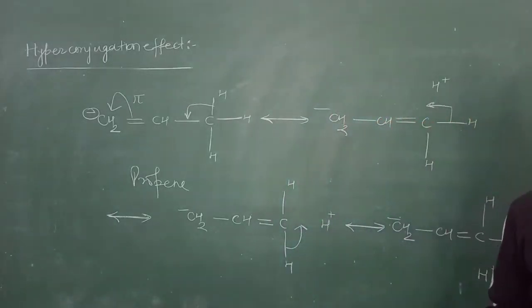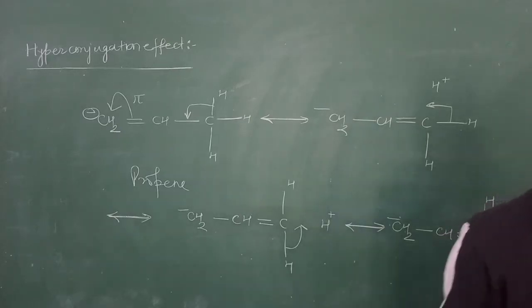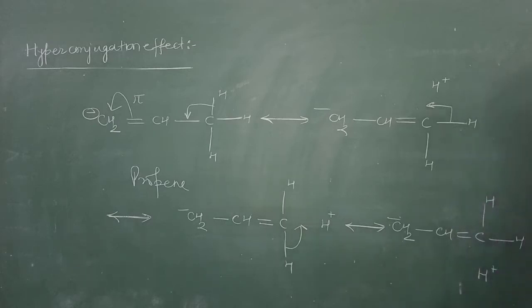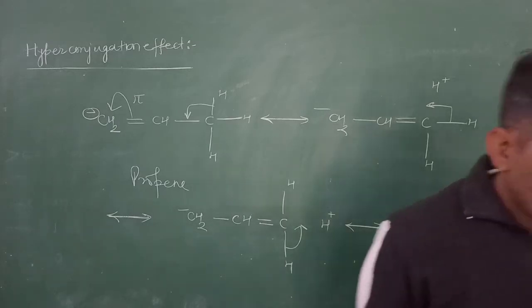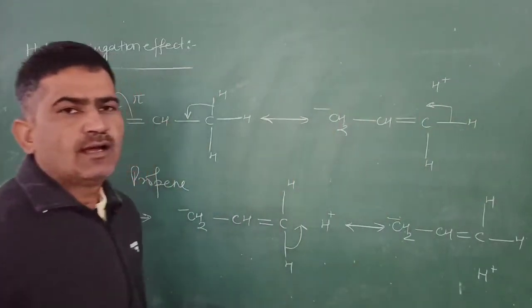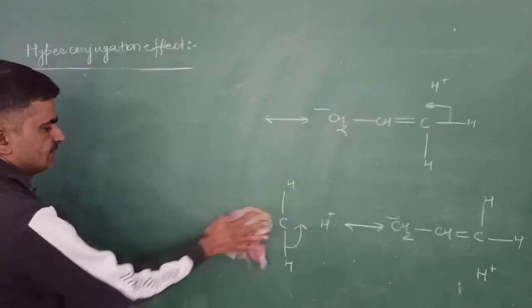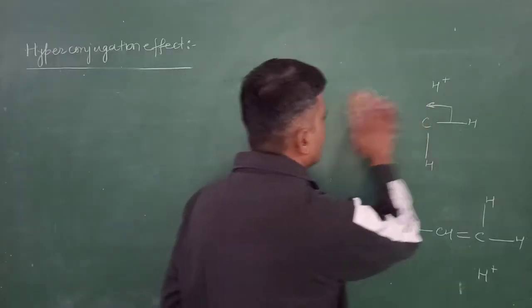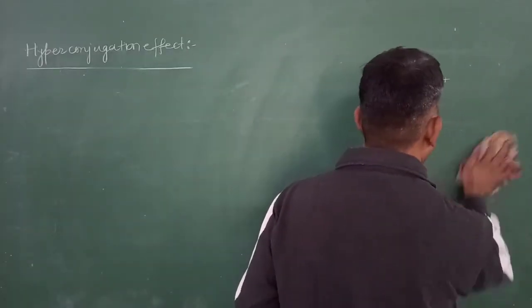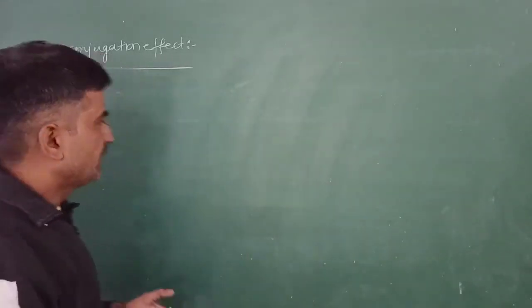And why do we study hyperconjugation? Hyperconjugation is studied to explain a number of effects. First, we explain the directive influence of the alkyl group on the benzene ring, the methyl group.